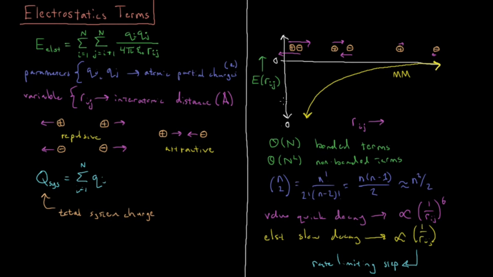So you actually need to compute all of them in some way in order to get this term to decay at long distance. Even though electrostatics is deceptively simple in its functional form, it's actually where a lot of the effort and a lot of the brain power goes into making molecular mechanics simulations much faster and much more computationally efficient.